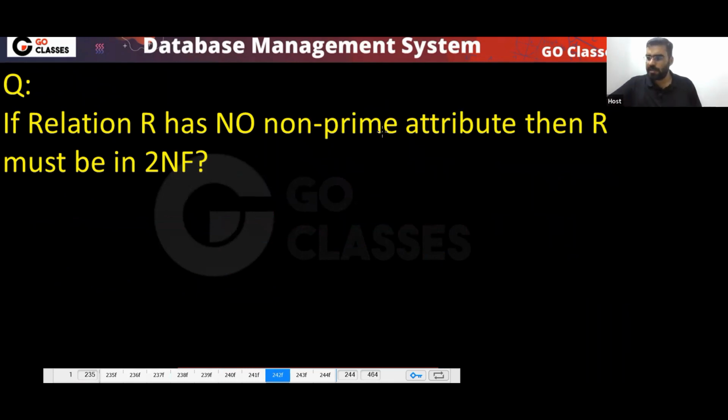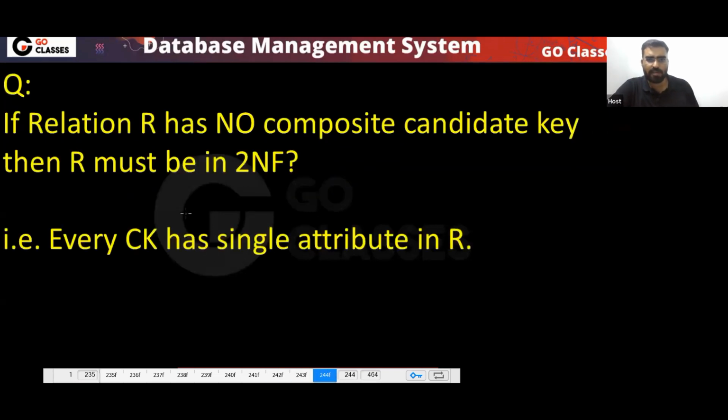Now tell me here. What about this one? If a relation has no non-prime attribute, can I say it is in 2NF? The answer is yes. What about this one?